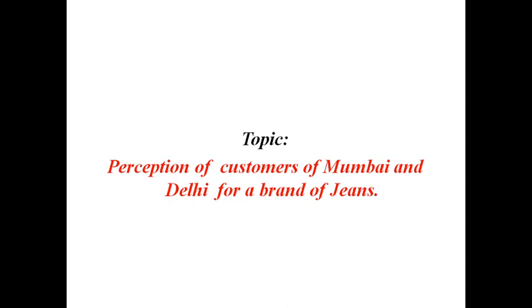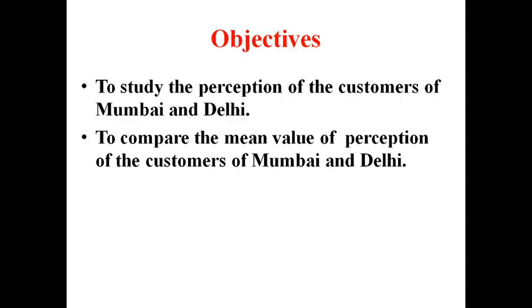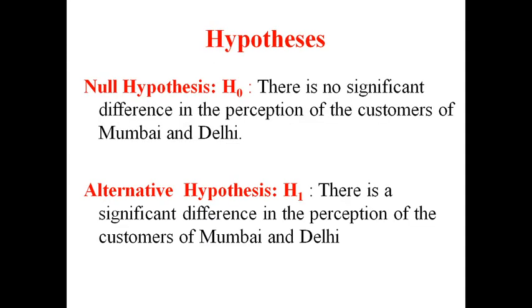Now we have converted this entire case study into a topic, and the topic is the perception of customers of Mumbai and Delhi for a brand of jeans. From this topic we have formulated two objectives. The first is to study the perception of the customers of Mumbai and Delhi, and second, to compare the mean value of perception of the customers of Mumbai and Delhi. On the basis of these objectives, we have formulated the null and alternative hypotheses.